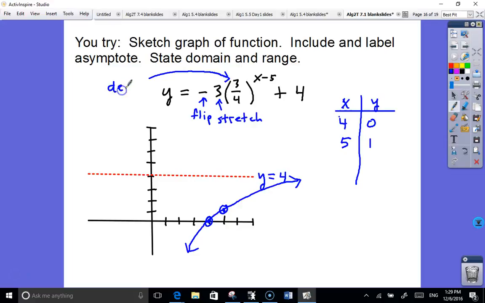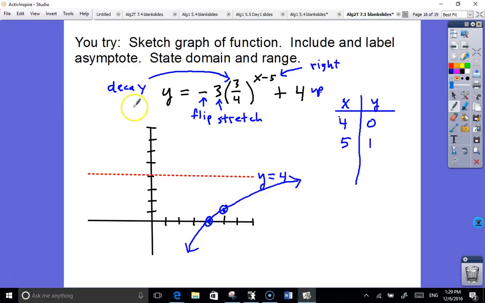It's going to be decay. That's not a transformation, that's just the kind of function we're looking at. Okay, what does it do to the graph when you subtract 5 inside the function? Right, and up. So which one of those moves the asymptote? Up 4. So there's the asymptote y equals 4.